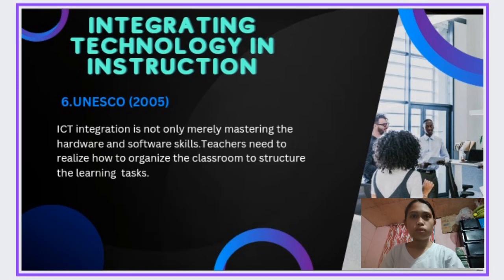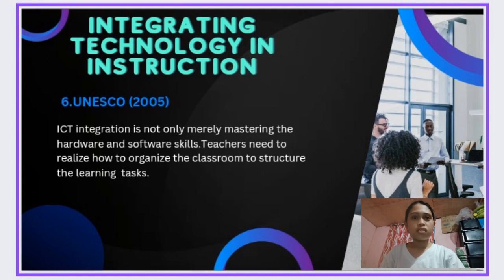So, last, UNESCO 2005: ICT integration is not merely mastering the hardware and software skills; teachers need to realize how to organize the classroom and structure the learning tasks. So, that statement emphasizes that effective integration of ICT in education should go beyond technical skills.